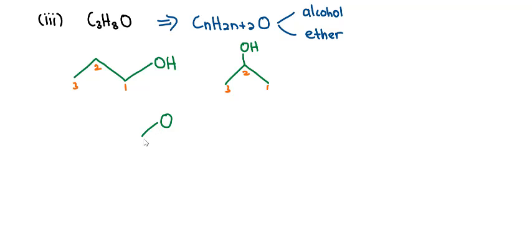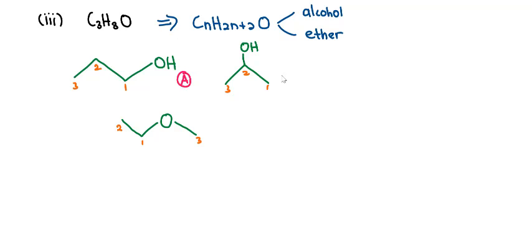Let's say we have 1, 2, 3 carbons here. This one is the third carbon. So we still have 3 carbon, 8 hydrogen, and 1 oxygen. If you change the position of O between carbon number 1 and carbon number 2, it still gives you the same structure. So for this formula, we have only 3 isomers.